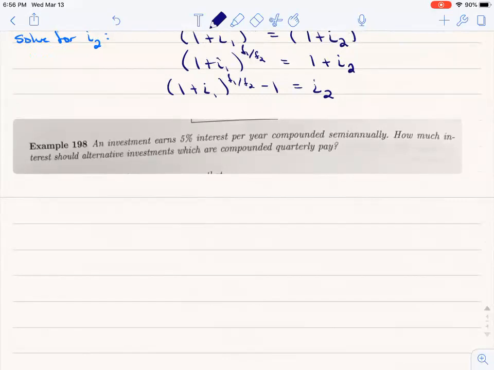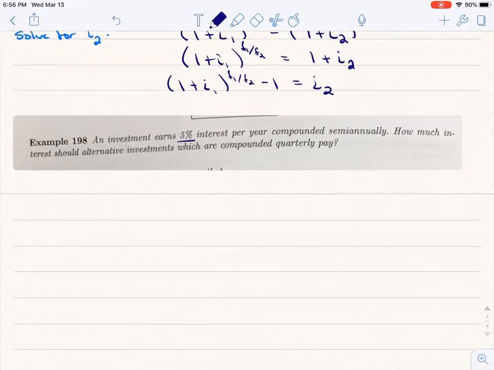An investment earns 5% interest per year, compounded semi-annually. How much interest should alternative investments, which are compounded quarterly, pay? So now we've got this 5% is our R1, because that's where we're starting.